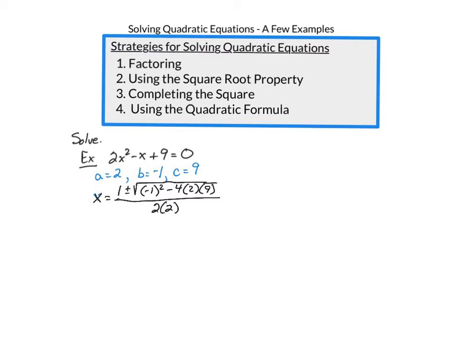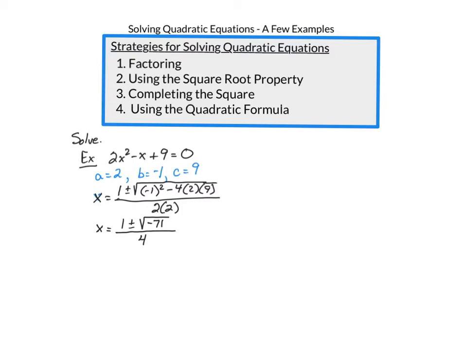Now we do some simplifying. So we have x equals 1 plus or minus the square root of 1 minus 72. That is negative 71. So my radicand is negative 71. And I divide by 4. My last step is to simplify.